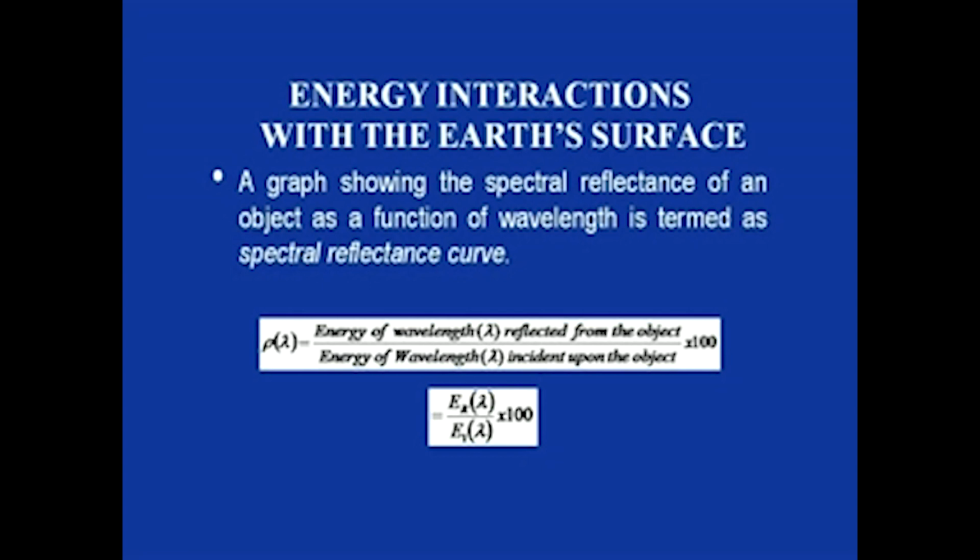So, it can be simplified that E_R(λ) divided by E_I(λ) multiplied by 100 is the spectral reflectance. A graph showing the spectral reflectance of an object as a function of wavelength is termed the spectral reflectance curve.